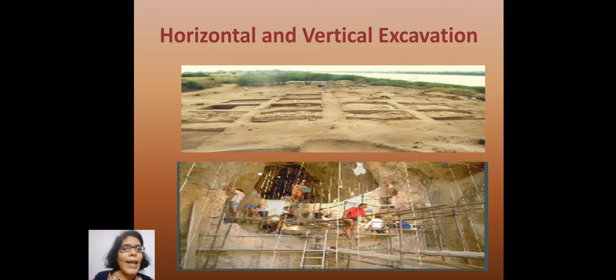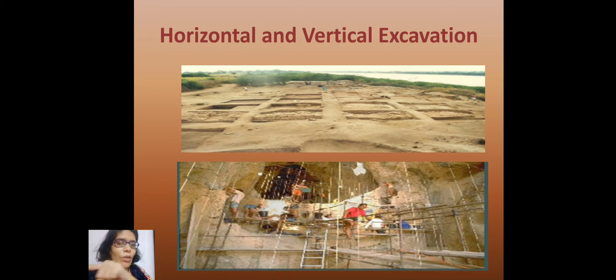Yes, I told you that excavation is done mainly by two methods. One is horizontal, another is vertical. The first picture is horizontal excavation. That is, the excavation is going straight this way, in a horizontal line.